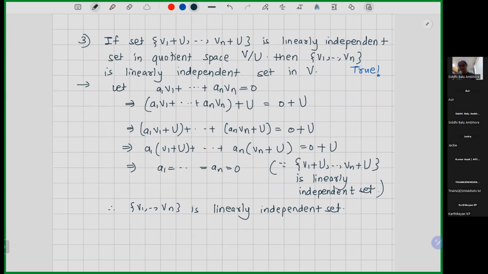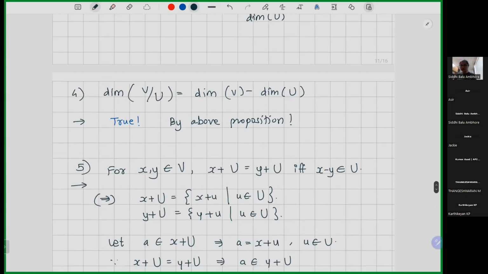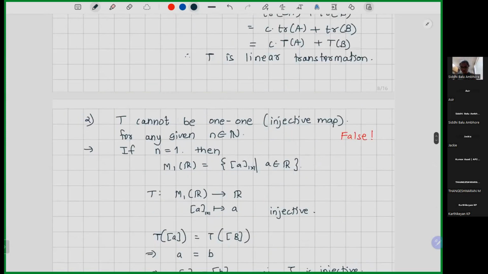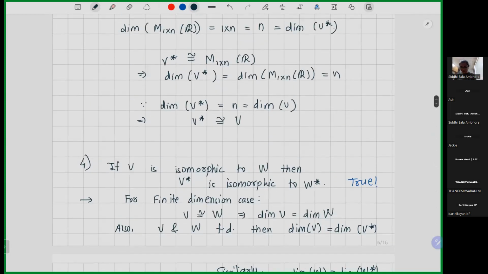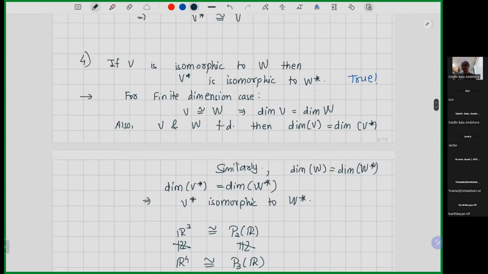Sorry, can you go to the proof where we proved that V star is isomorphic to W star? I just need to note down a few things. Yes, this is the one. Scroll down a little, the next page below. Yes, this.